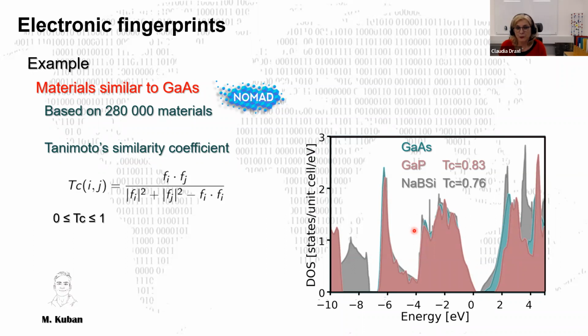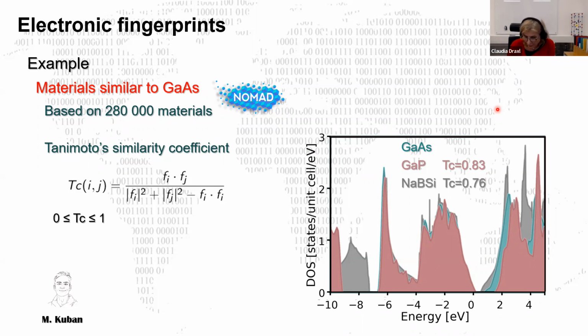What has entered the market already are the hybrid perovskite materials. These perovskite materials are all toxic, they contain lead. So we would like to find materials that have very similar characteristics but don't have lead inside. In that sense, such fingerprints could be really useful to identify materials for replacing one material that is critical in one way or another. So that's one thing, and this is actually where we started from: to find materials that are similar to others.